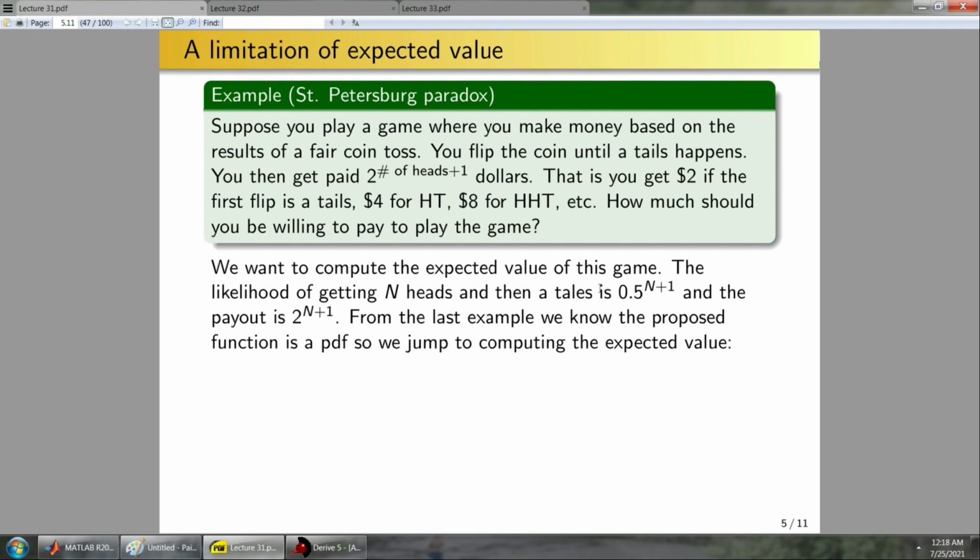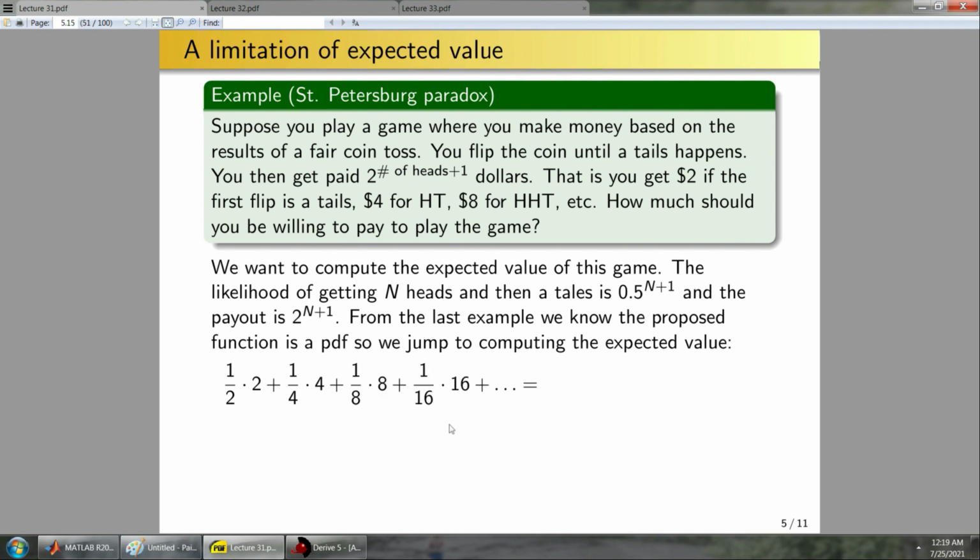So how would I compute it? Well, I want to take the probability of getting 0 heads and multiply that by the payout. So that'll be 1/2, the probability of 0 heads, times 2. And then I want to add to this the probability of getting 1 heads and then a tails times its payout. So that'd be 1/4 times 4, and 1/8 times 8, and I want to keep going, right?